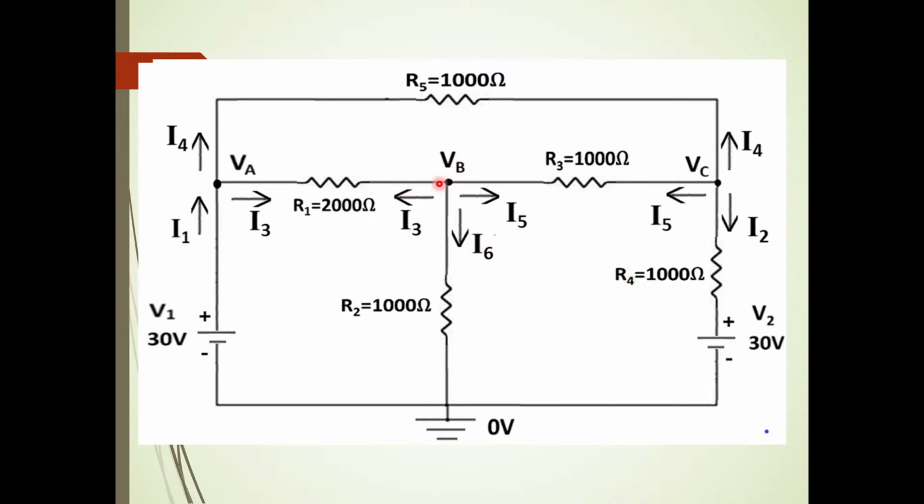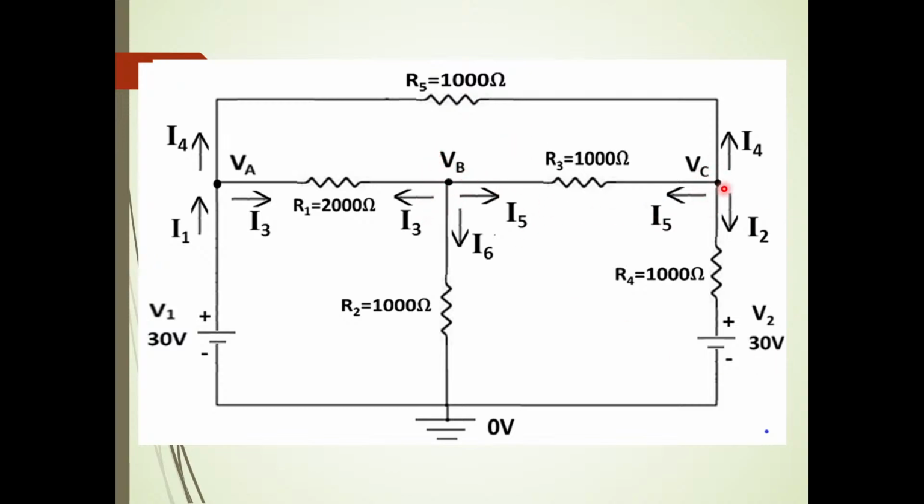Similarly at node B, you can see 3 branches. I have assumed all the currents at node B are leaving.